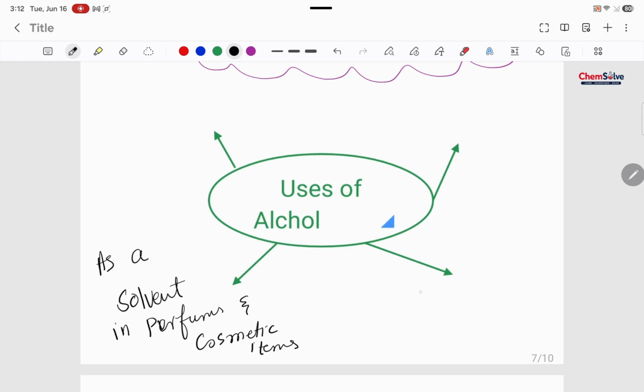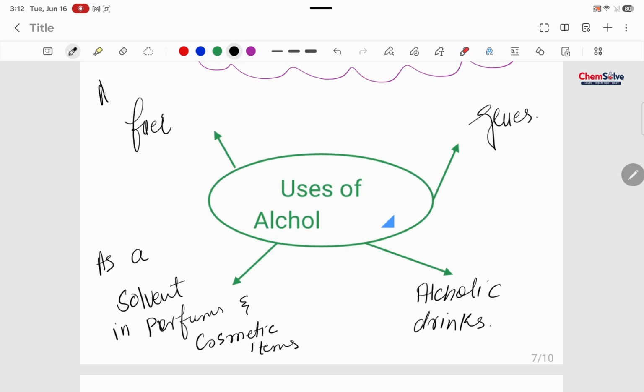It is also used in alcoholic drinks in Western countries. It is used in some glues as well, and it is used as a fuel.